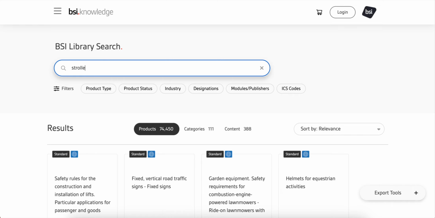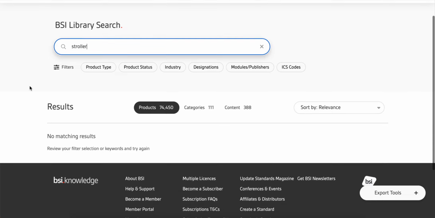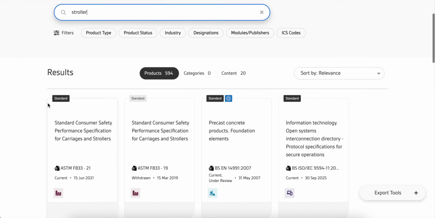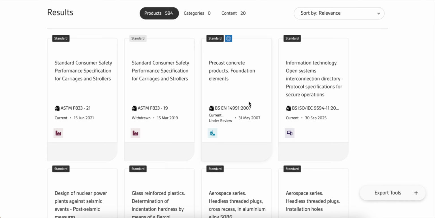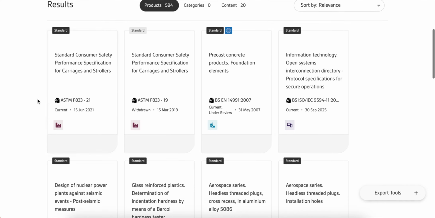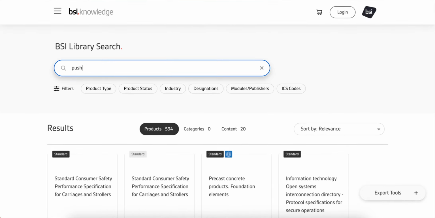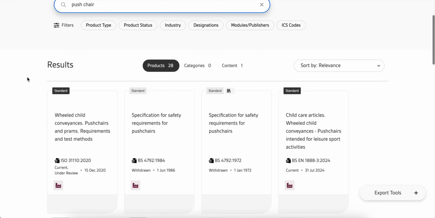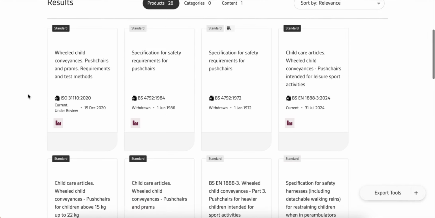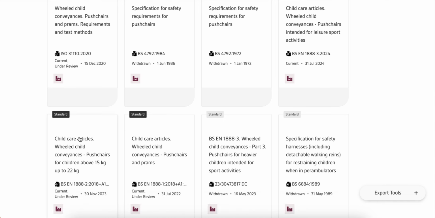I'm going to do a little search here, see what we find. Okay, found. Now we did find something, it seems. ASTM standards. That's not what we're looking for because we're not going to sell in the US. Pushchairs. Okay, seems that we've got something.